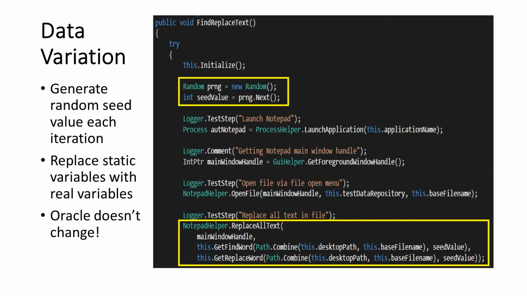Another thing I could do here is there's different ways to launch Notepad. I can launch it from the menu. I can launch it by calling the executable, so on and so forth. There's many ways to open the file, whether I navigate by key mnemonic or whether I open the file when Notepad launches. There's many different ways to achieve certain tasks within a test.